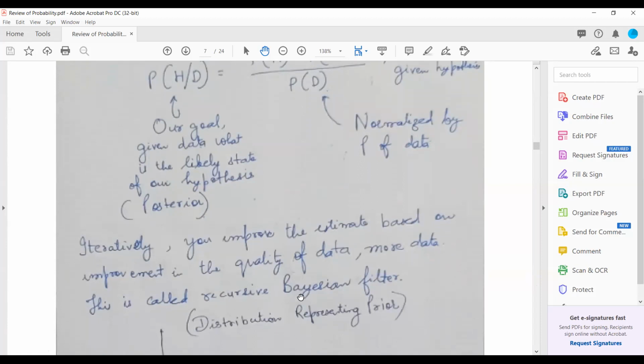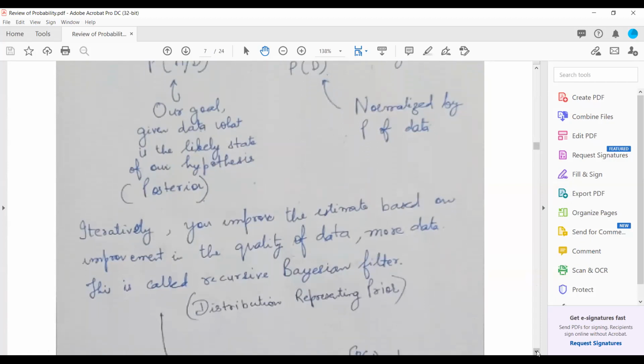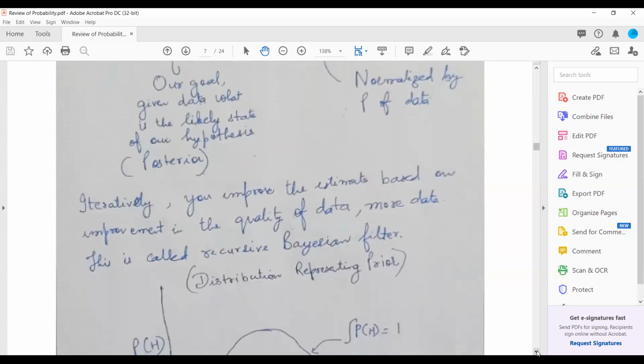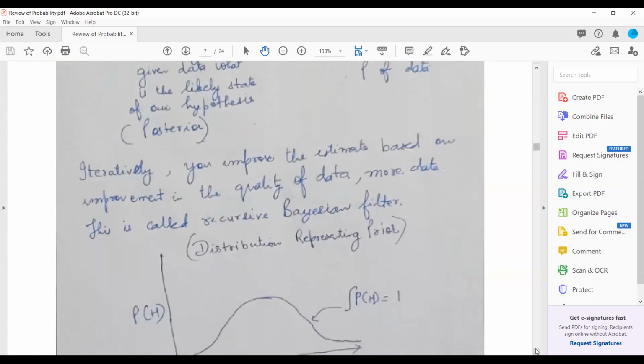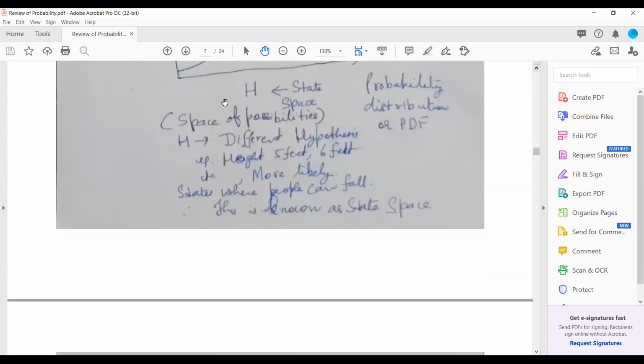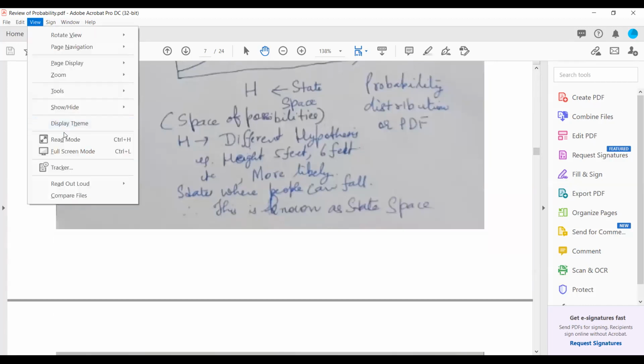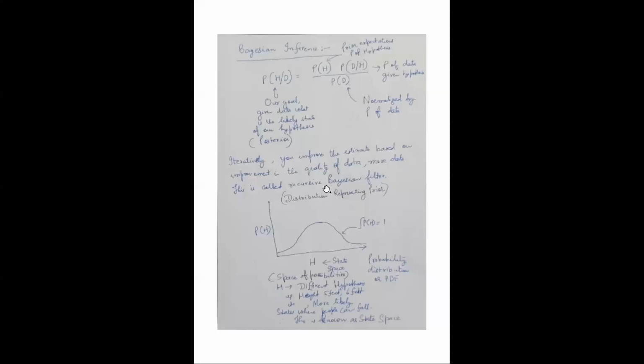So this is called recursive Bayesian filter, or this is also known as Bayesian inference. All right. Then let me have the full screen. Okay. So this is known as the Bayesian filter.